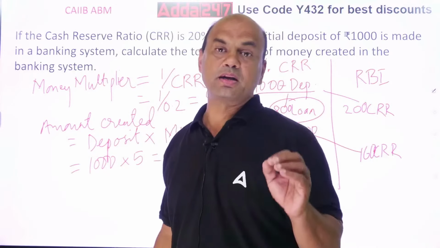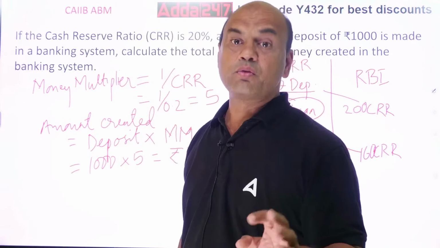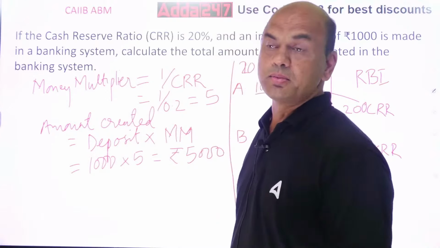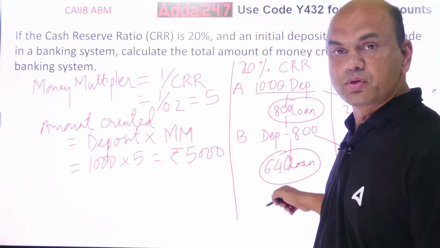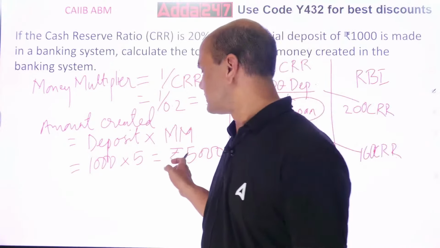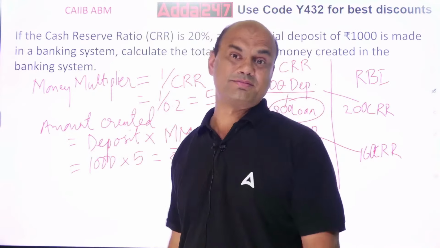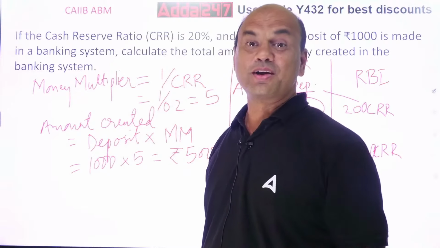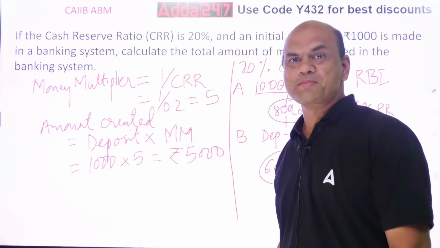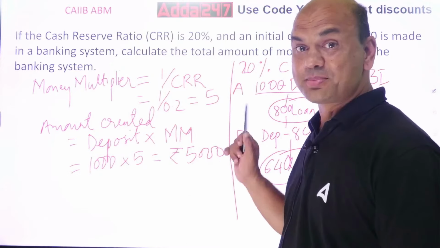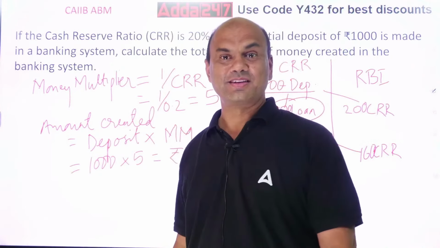Just by making a deposit of 1000, the amount created is 5000 rupees. If you total 800, 640 and the rest, you will get 5000. So understand the importance of CRR. Got it? This question is a part of your credit control.